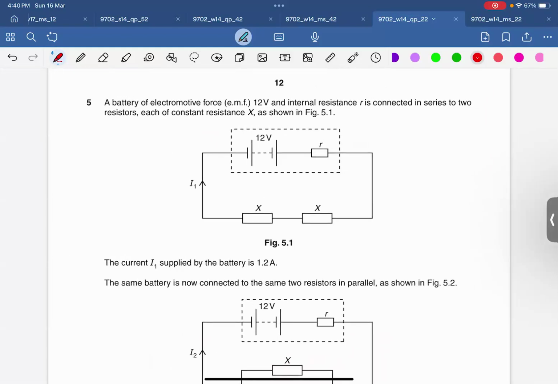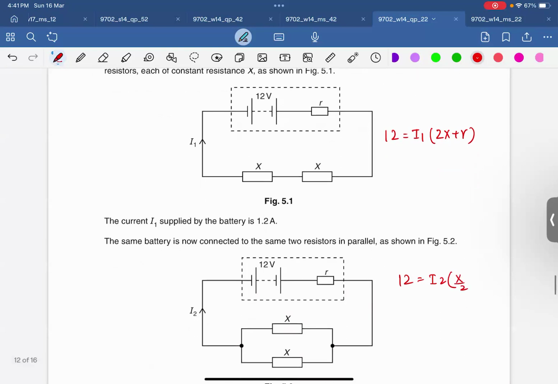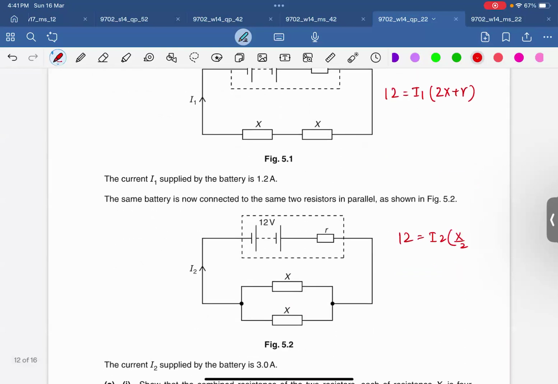So we can say that 12 equals I1 times (2x plus r). And for the second case, 12 equals I2 times (x over 2 plus r), because you have 1 over x plus 1 over x, 2 over x, and so x over 2.